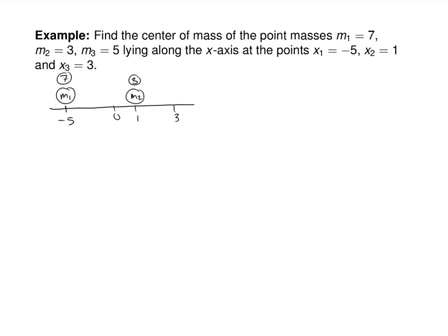And at 3, we have mass 3, which is 5. You think from -5 to 3, you have your seesaw, and then you have weights on it of 7, 3, and 5, respectively, and where are you going to balance that seesaw? It's the same idea, except there's somebody in the middle as well. Does that make sense? Okay.